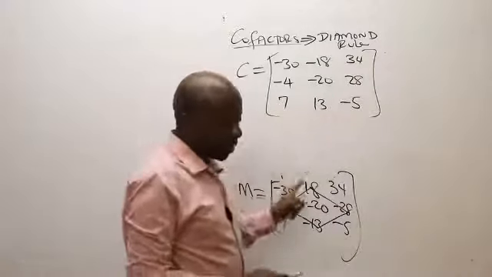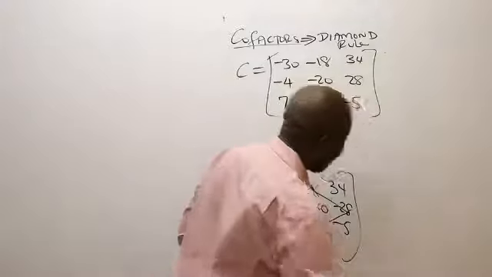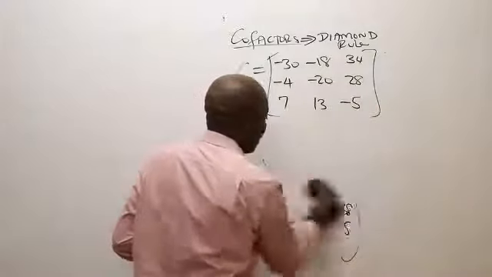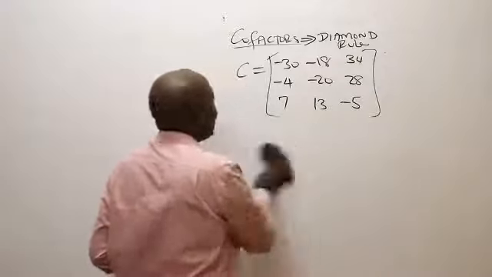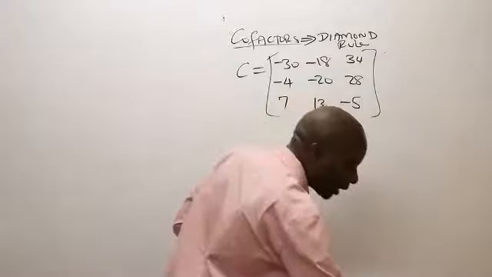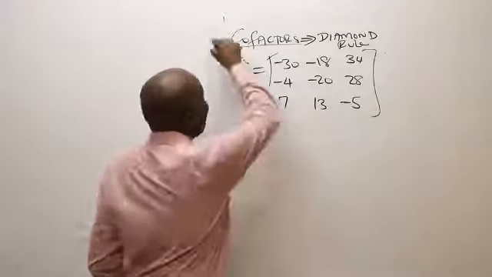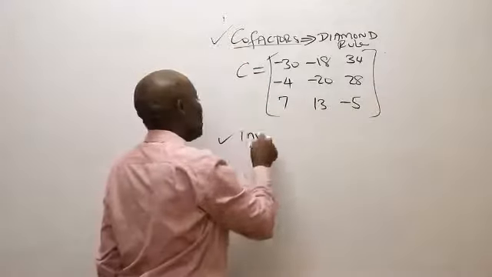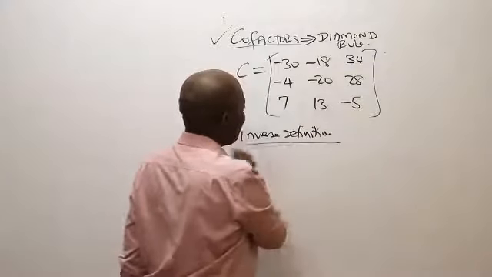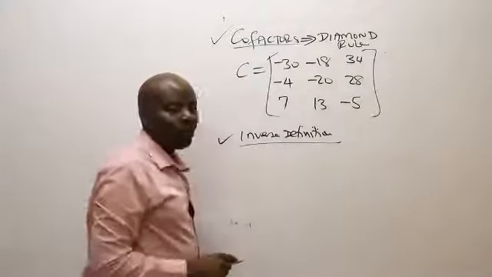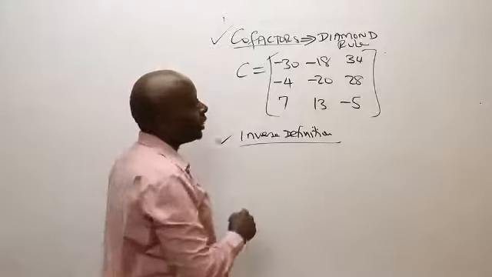Now, once I get the cofactors, the next thing, ladies and gentlemen, will be for us to define the universe. The last thing now is universe definition. How do we define our universe, ladies and gentlemen?